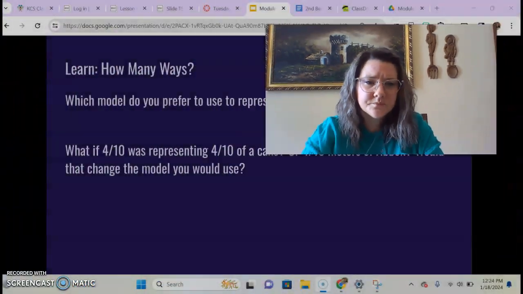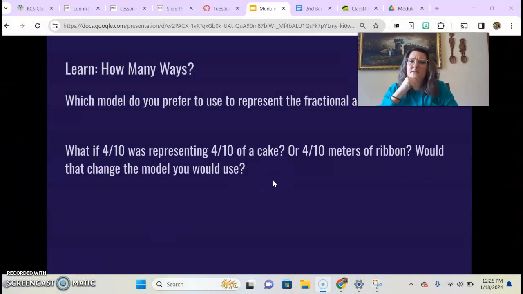Now I want you to think about the context though. If you have the context of Gabe walking to school, so you're thinking of distances, which model would make the most sense to use to represent the distance from Gabe's home to school?